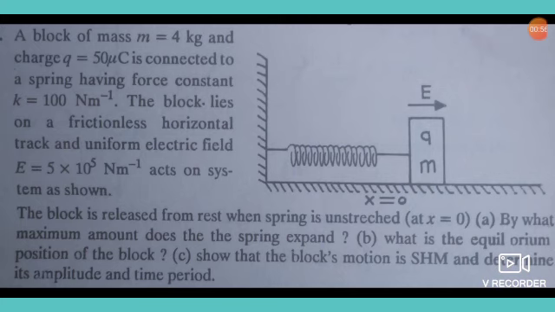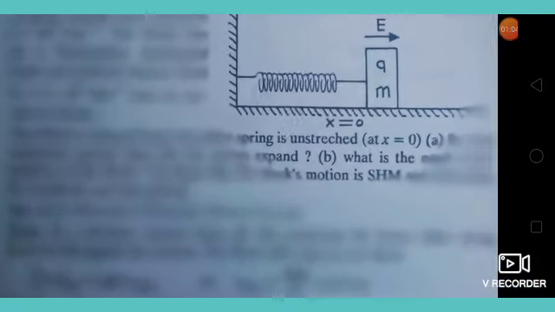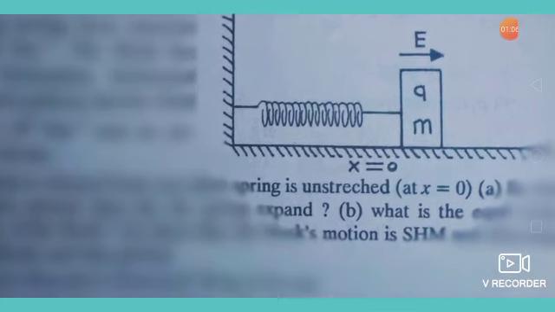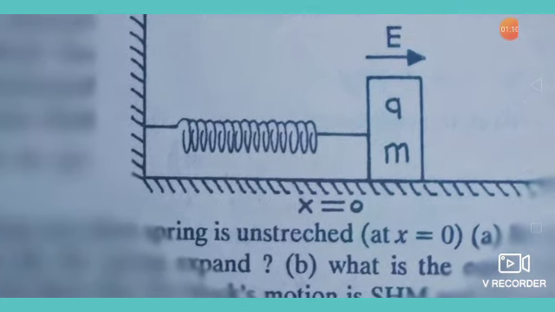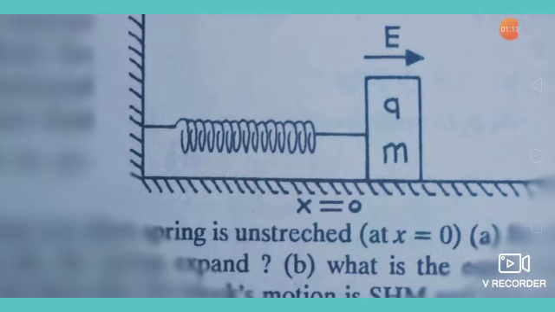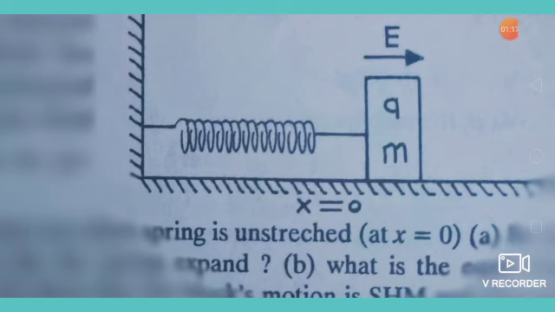Just before solving the problem, we recollect the various forces acting here. The charge q is on the block of mass m, the spring is connected, and the block is moving on a frictionless surface. The electric field is acting towards the x positive direction.